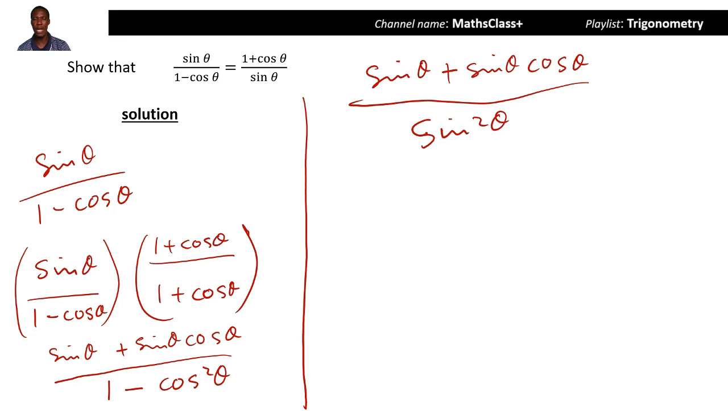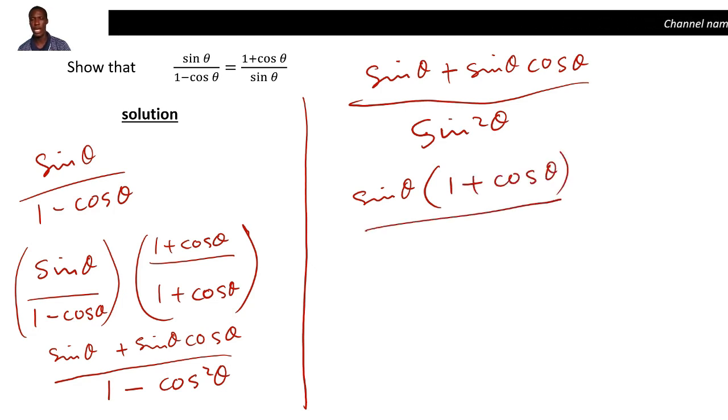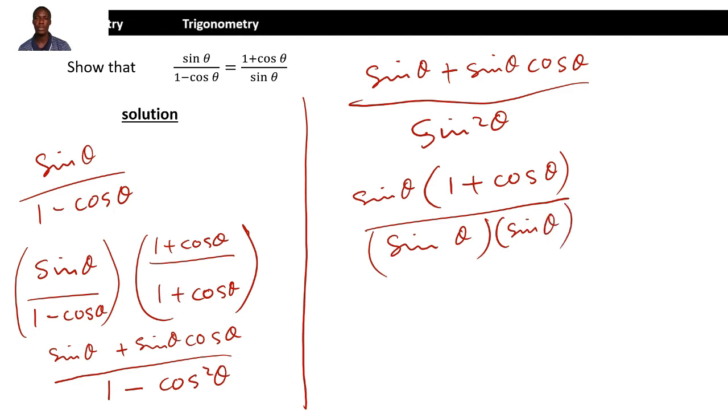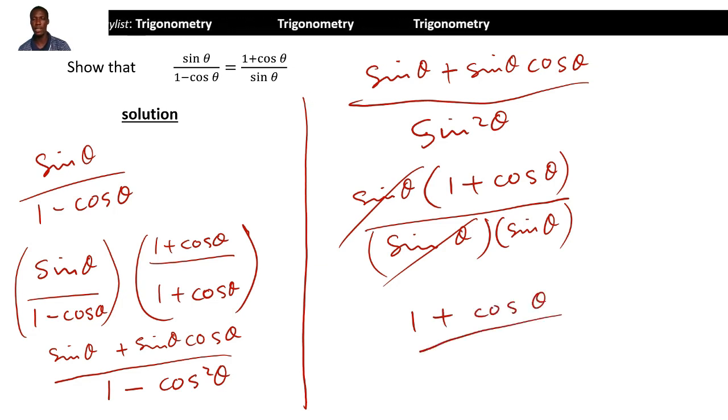Okay, now I'll factor sine theta out. So sine theta out, 1 plus cos theta. Then here I have sine theta multiplying another sine theta. So this sine theta will cancel this sine theta, and the result will be 1 plus cos theta divided by sine theta.